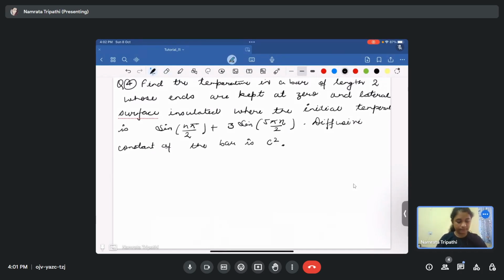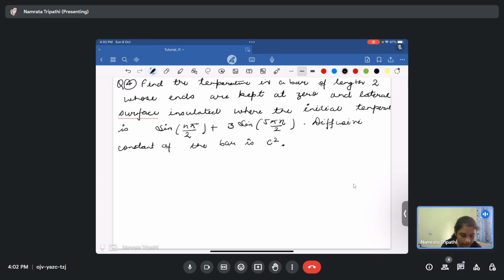Please formulate the problem and tell me the heat equation with initial condition and boundary condition. Please write the problem first of all.